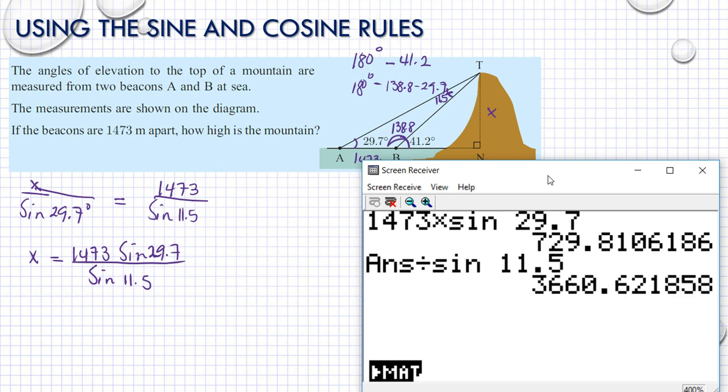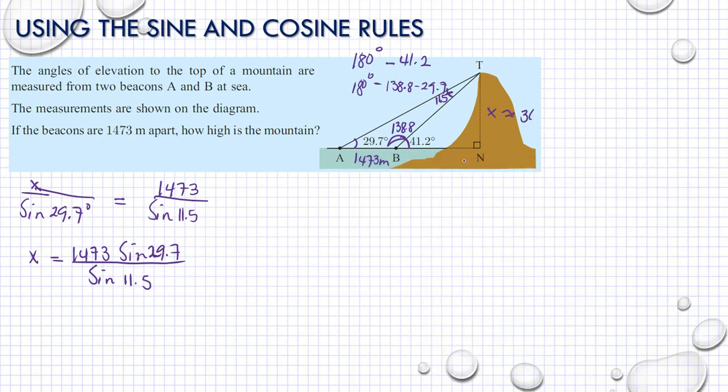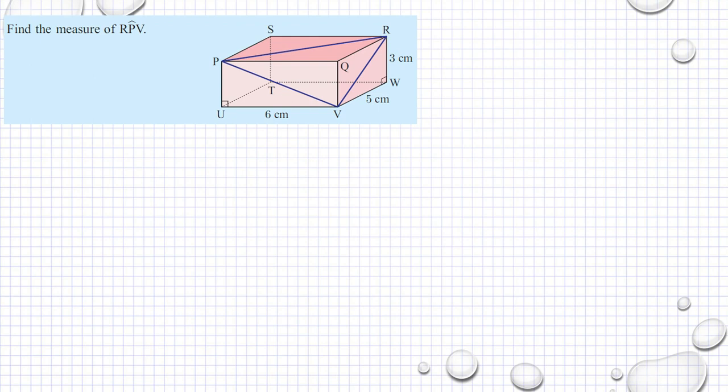Sorry. Then the mountain is approximately 3,660 meters. Okay, another example.